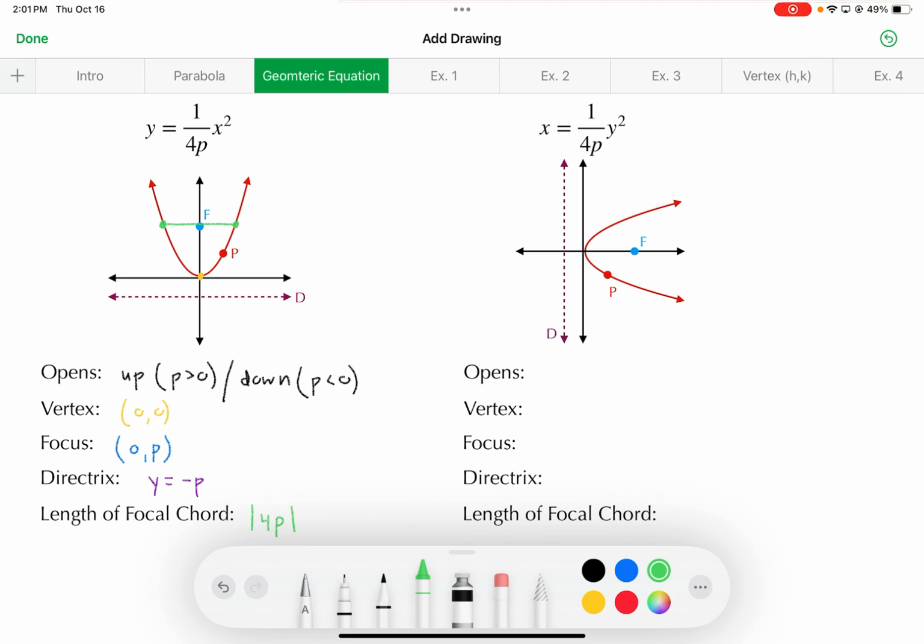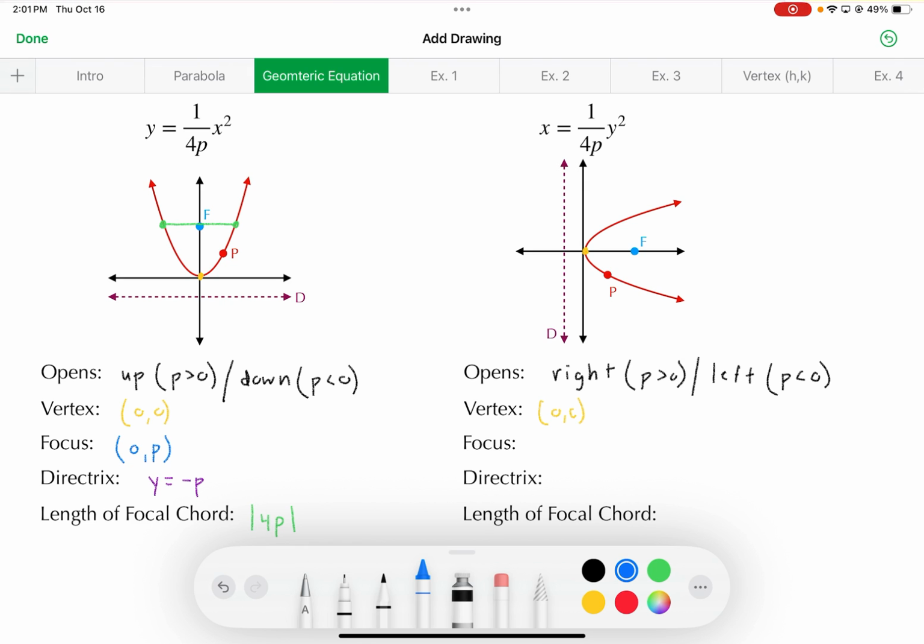All right? So if we want these parabolas to open left or right, now it would be the y variable that's getting squared. Okay? So we're going to open right when y is squared and p is positive. We'll open left when y is squared and p is negative. We'll still say the vertex is the origin.